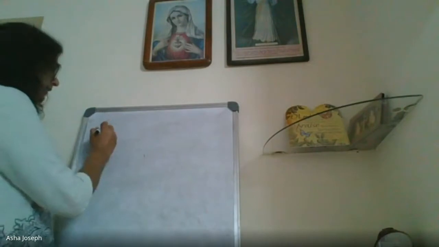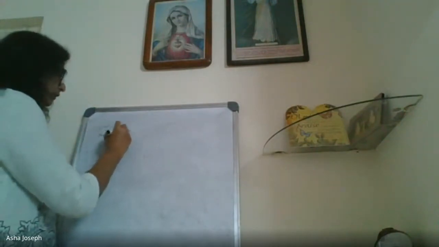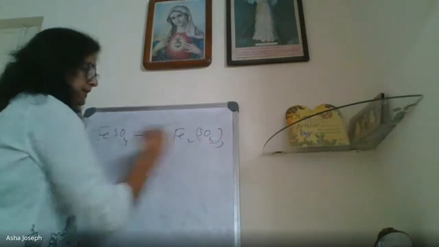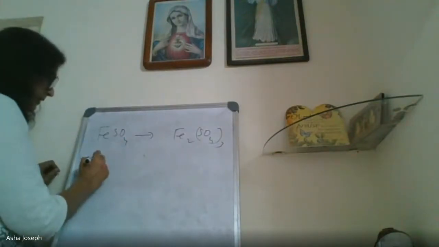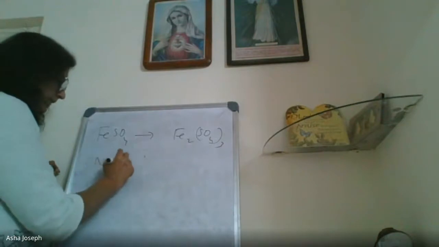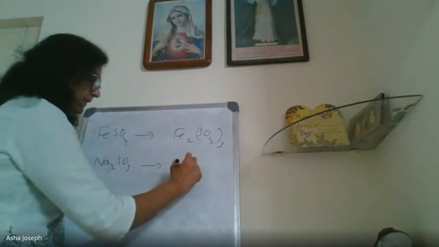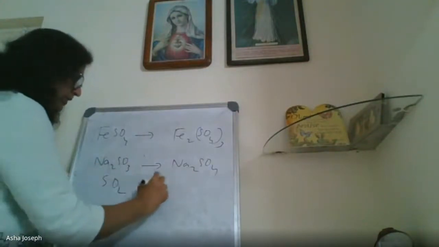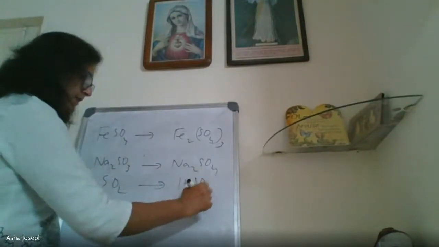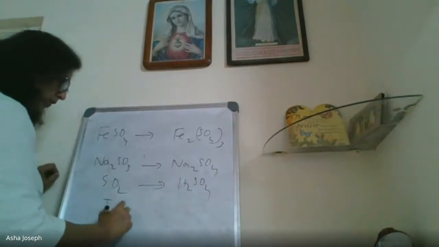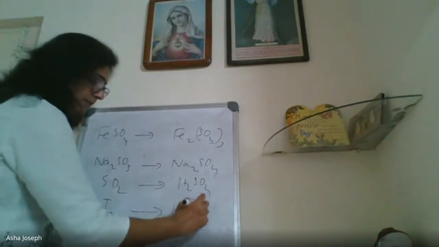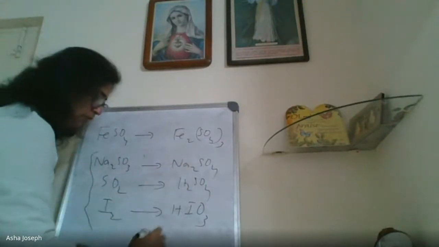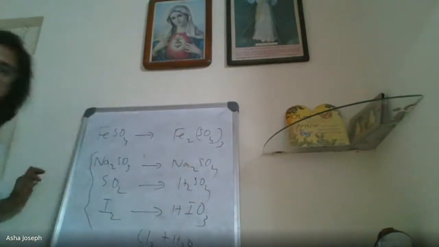Now, I said ferrous sulfate to ferric sulfate. This is for learning by heart, easy way. And second one, sodium sulfite to sodium sulfate, Na2SO4. And third one, sulfur dioxide to sulfuric acid. And fourth one, iodine to iodic acid. Out of these, for the last 3 we use chlorine and water.